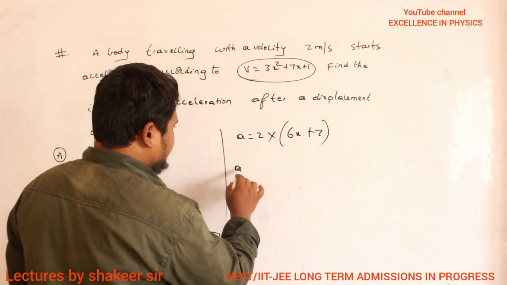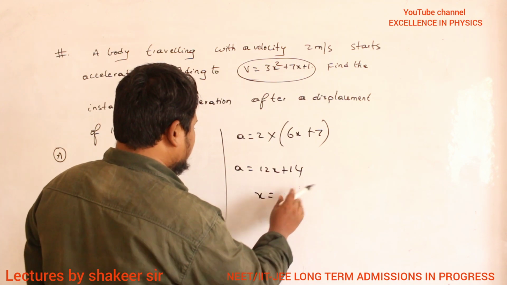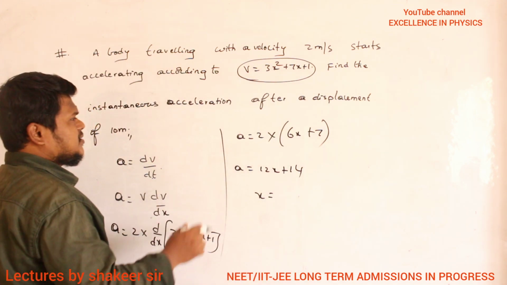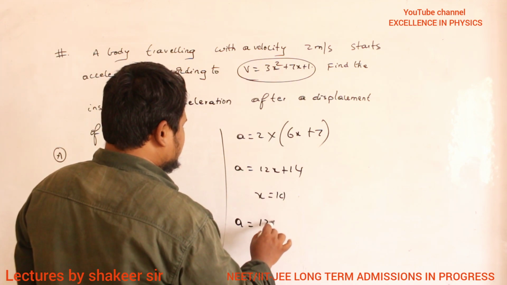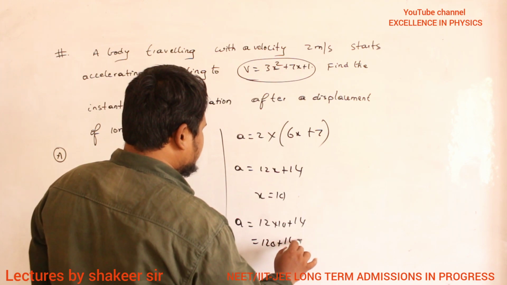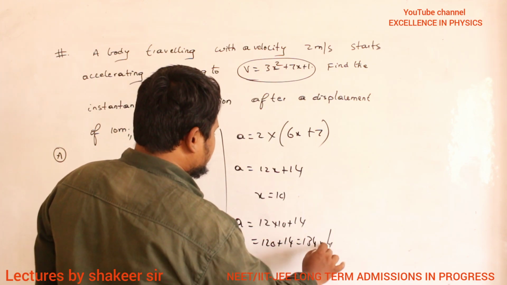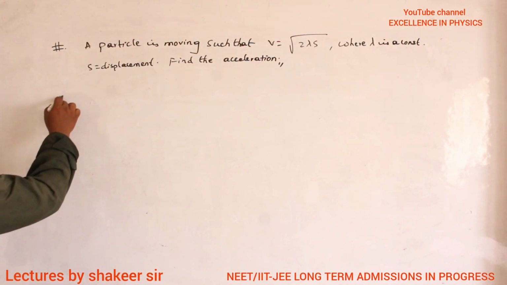Therefore a equals 12x plus 14. He asked us to calculate at a distance x equals 10, so substitute: 12 into 10 plus 14, so 120 plus 14 is 134 meter per second square. So that is the required acceleration. Understood?